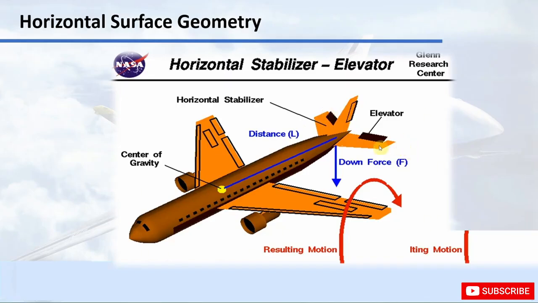The elevator will be estimated later, so its geometrical characteristics are obviously going to be different from the ones of the whole horizontal stabilizer. The same goes for the vertical stabilizer, or the vertical surface, but about this we will talk a bit later in other videos.